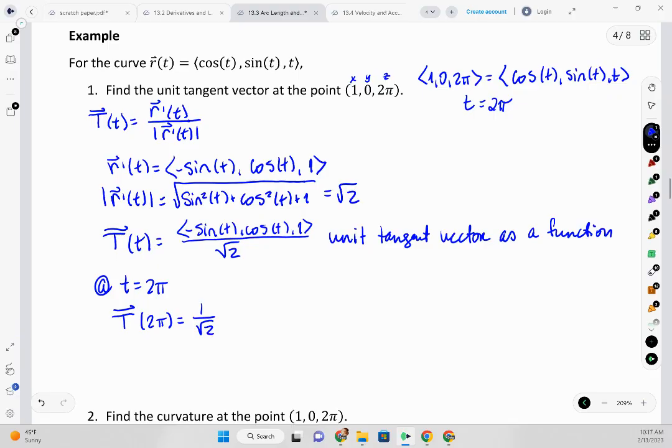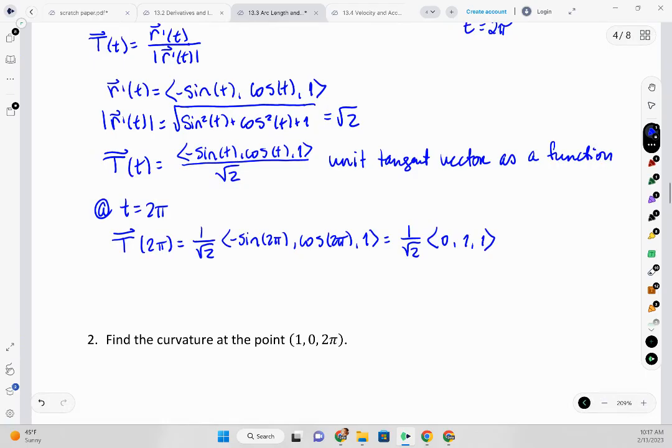So we have 1 over square root 2 times the vector negative sine of 2 pi, cosine of 2 pi, and 1. Sine of 2 pi is 0, so I have 1 over square root 2, 0. Cosine of 2 pi is 1, and then the last term is 1. And that is our unit tangent vector at the point 1, 0, 2 pi.